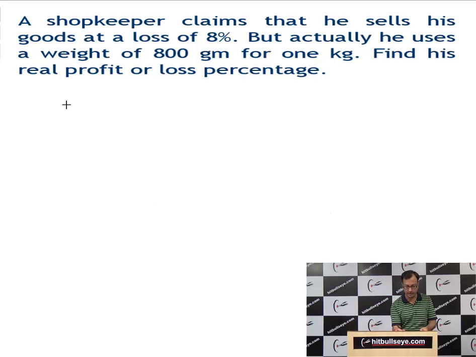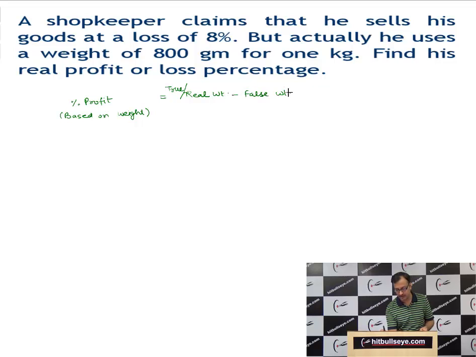Now in this question, we need to remember first of all a formula, percentage profit based upon weight. So let us write this formula. This says real weight or true weight minus the false weight upon false weight, which the shopkeeper must be using, multiplied by 100.